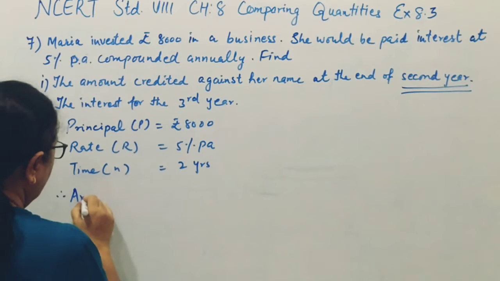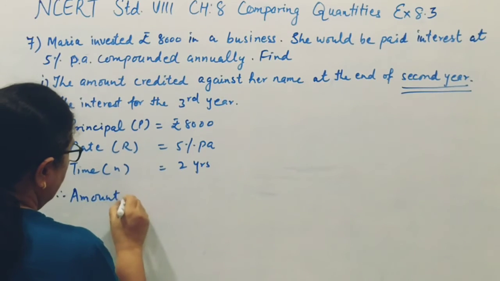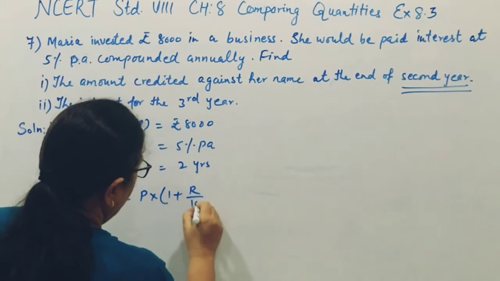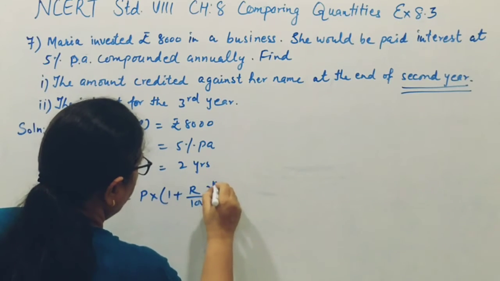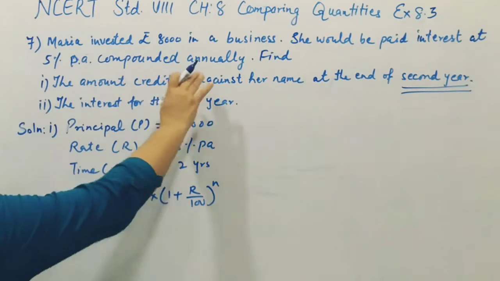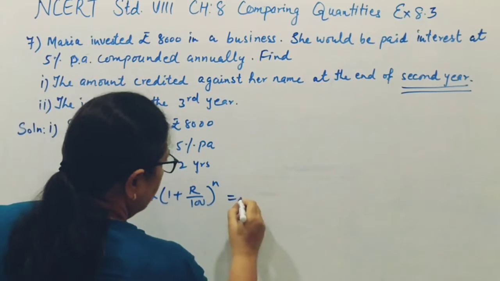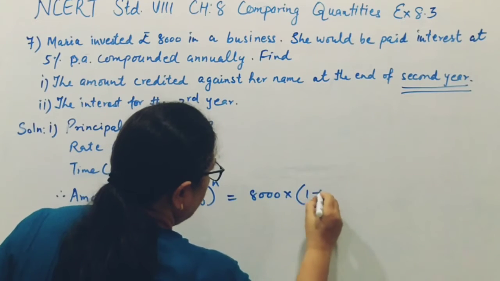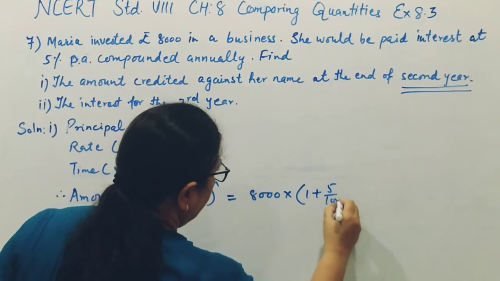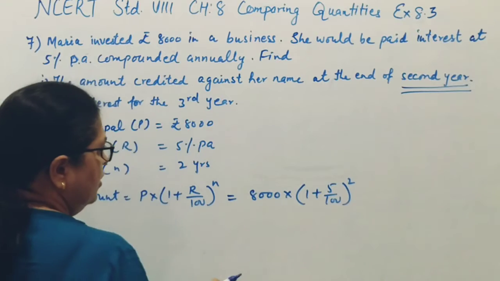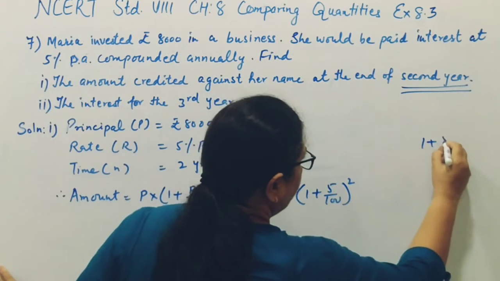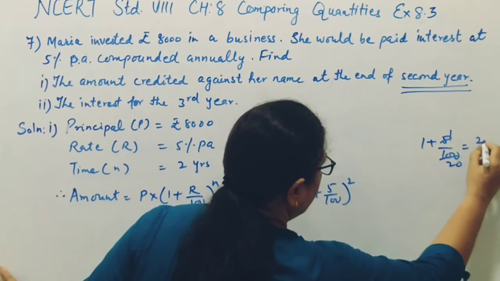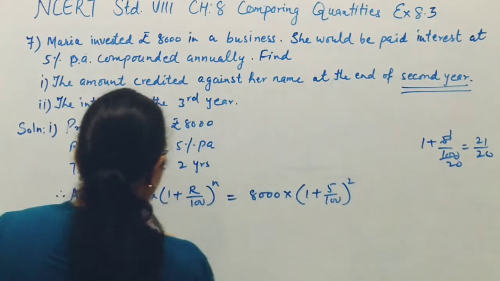Therefore, amount is P into 1 plus R upon 100 raised to power n, since it is compounded annually. So, amount is 8,000 into 1 plus 5 upon 100 raised to power 2. 1 plus 5 upon 100 after simplification will become 21 upon 20.